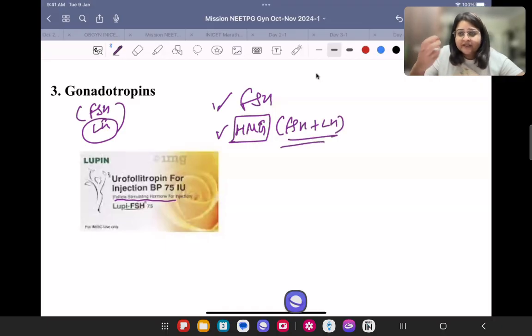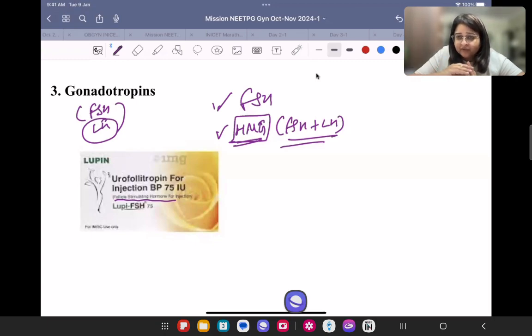So how do we get this FSH and LH? One way is by recombinant technology. But the olden way of getting this drug is from the urine of postmenopausal women. We take the urine of many postmenopausal women. That's what the pharmaceutical companies do, and they extract FSH and LH.